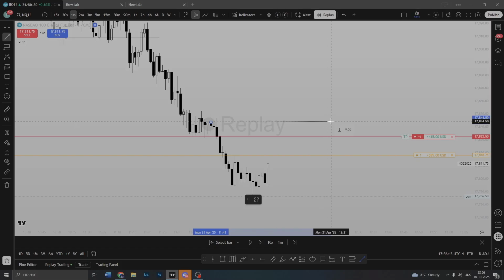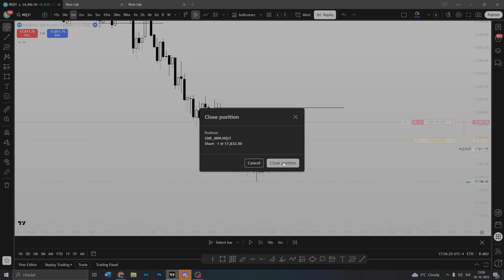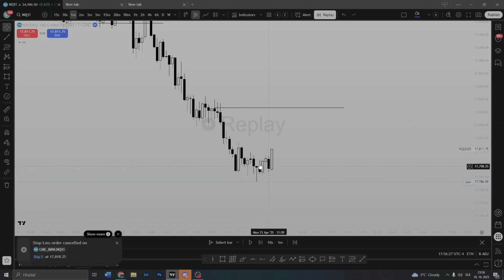That's the start for the longs. But this as well might be the lows for now. I'll close the shorts right here. And we'll just wait.